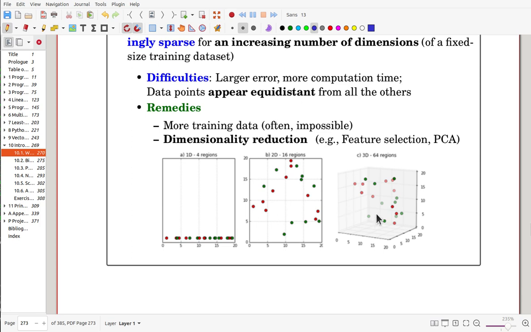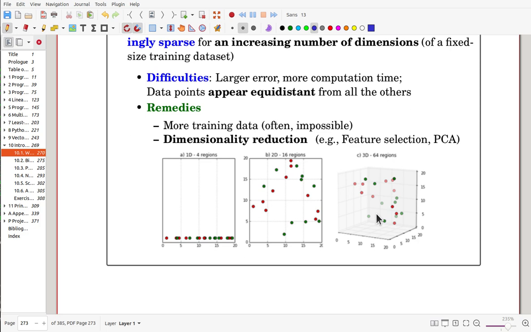And then in three-dimensional space, the data points appear equidistant, and every point is far away from each other, so that a machine learning algorithm can find it very hard to recognize groups of points.